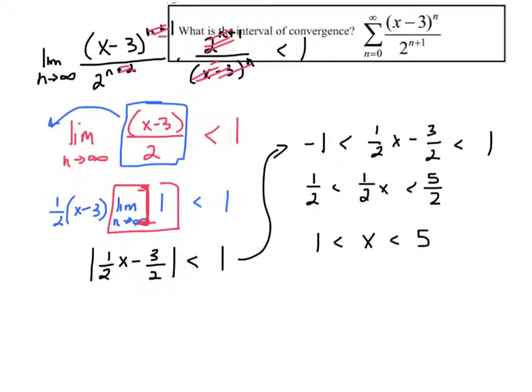If I plug in 1, so 1 minus 3 to the n, I have negative 2 to the nth power over 2 to the n plus 1.